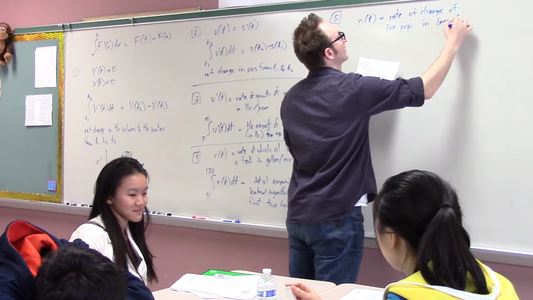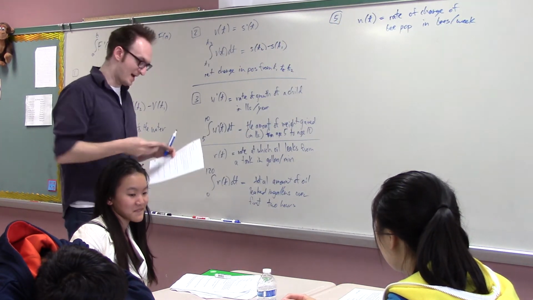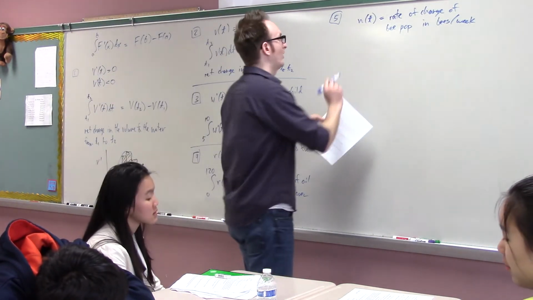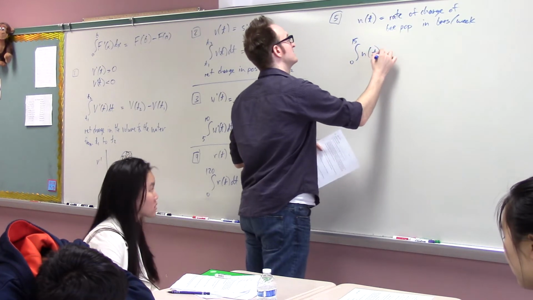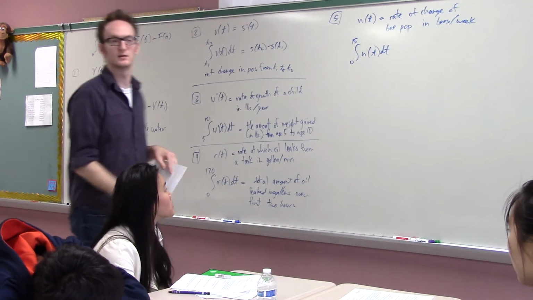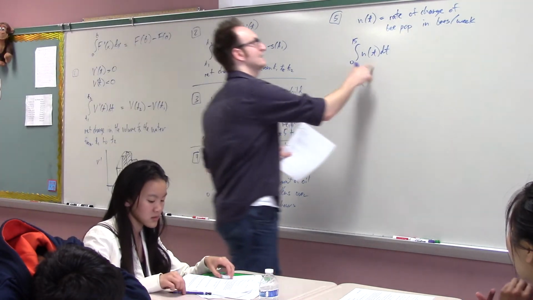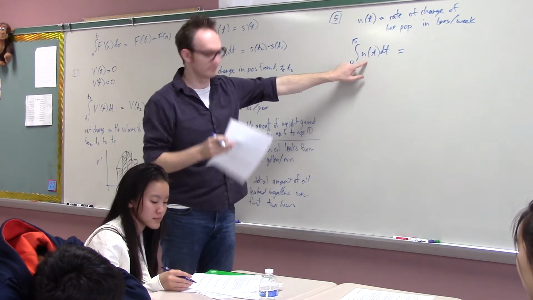Okay, so given that that's true, what is the integral from 0 to 15 of N of T dt? What does that represent? How many bees were added after 15 weeks? This is going to be a number, right?